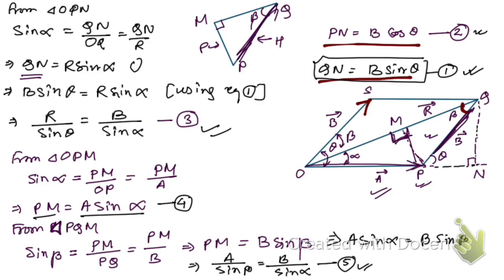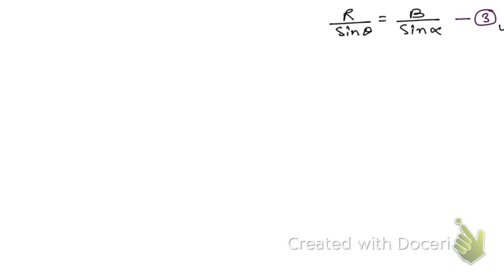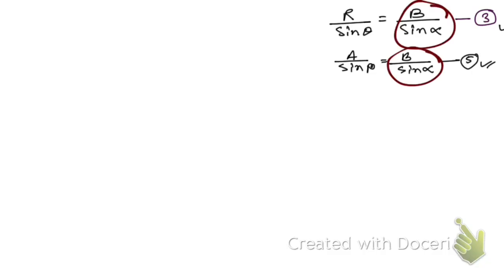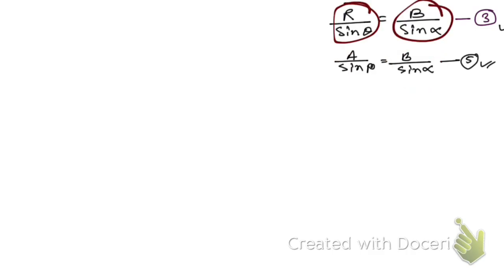So this is equation number 5. Here you see these two equations. From these two equations you can see clearly that these two are equal, and so these two must also be equal. So all three ratios must be the same.